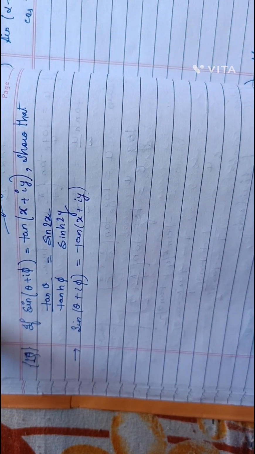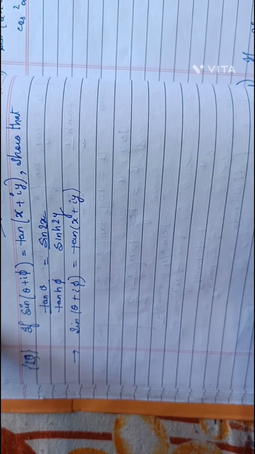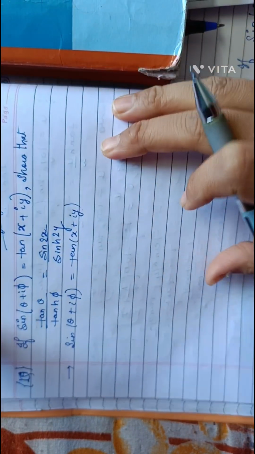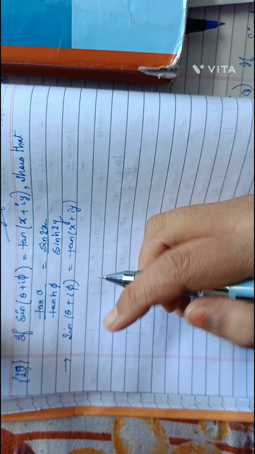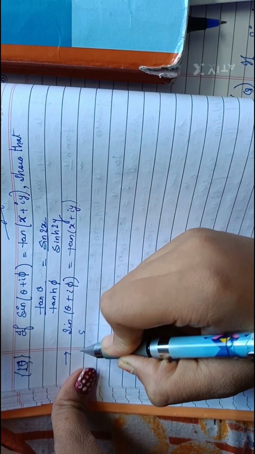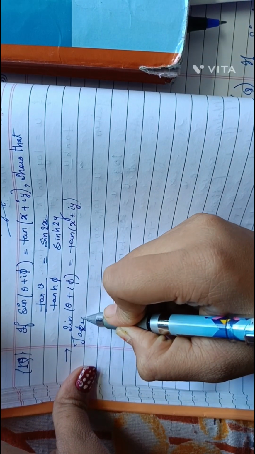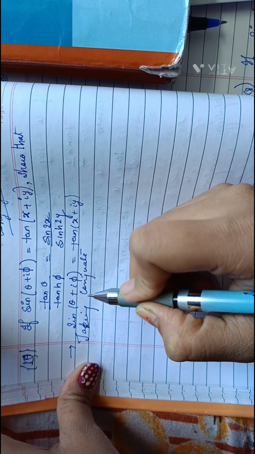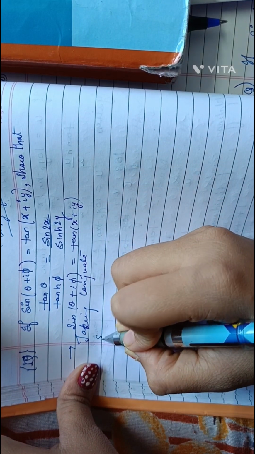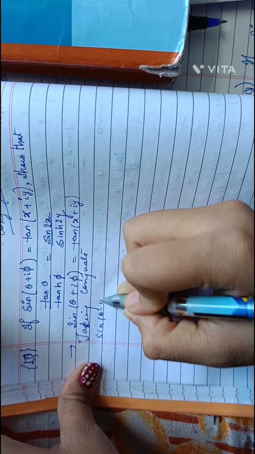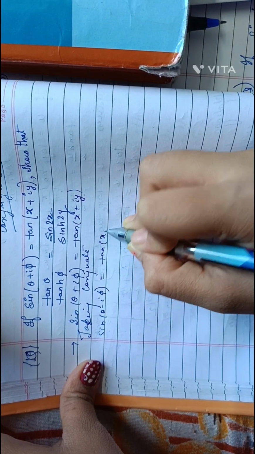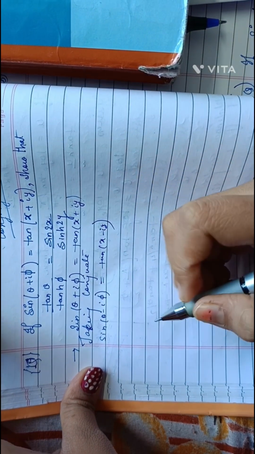This means taking the opposite sign. If it is in plus sign, you are going to take the conjugate, which will be negative. So here it is in the plus sign. If we take the conjugate, what will we get? Sine theta minus I phi equal to tan x minus Iy.